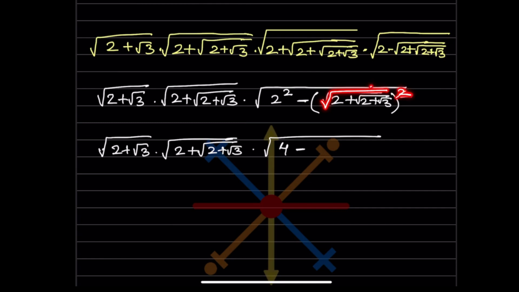So what happens? This and this gets cancelled out. So only this root remains. So we can just write here 2. But this we have to write the bracket is important because there is a negative sign outside the bracket. And this part, because here negative and this bracket is important. And then this root and this goes off, so remains is this one.